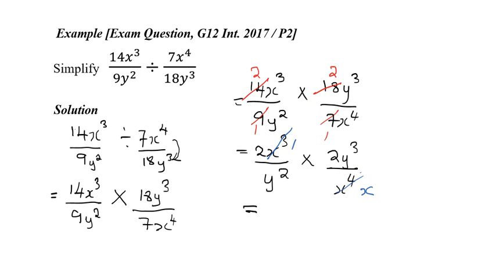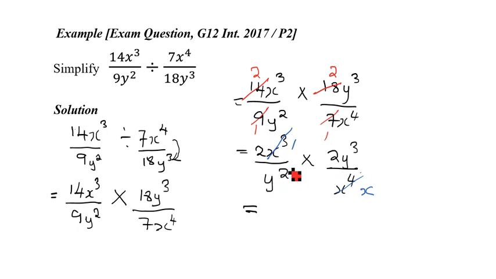Let me change the color. Okay, we go to red. So this is y squared, and I have y to the power 3. So it means that this y squared can go into y to the power 3. So we are going to cancel 2 y's from the 3 y's that we have here, and we are going to remain with only y, because there are 3 of them and we want to cancel the 2 y's.